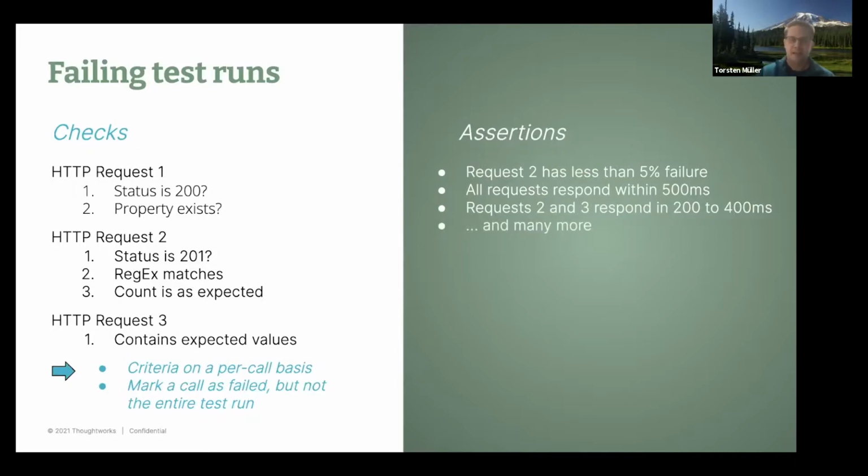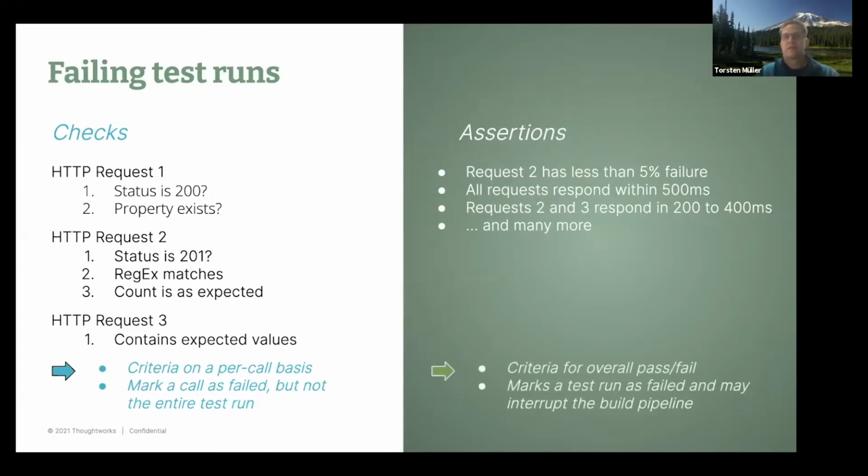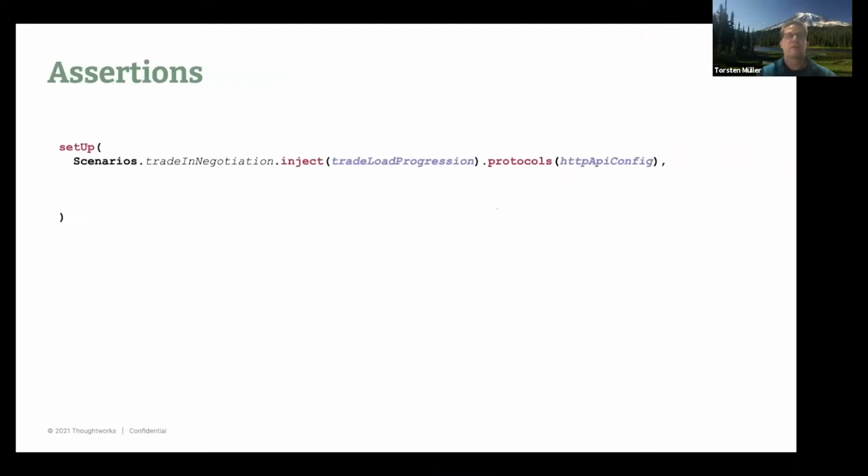And then in the end, your system can make a determination on these assertions, whether all assertions pass. And if they do, then great, it gets promoted and sent to production. Otherwise, you can fail your build and you can say, no, you need to do better than this. So again, this is for overall pass fail, and it marks the test run as failed or successful.